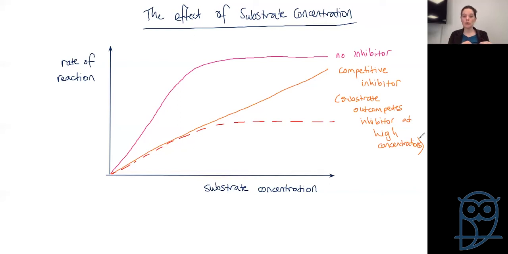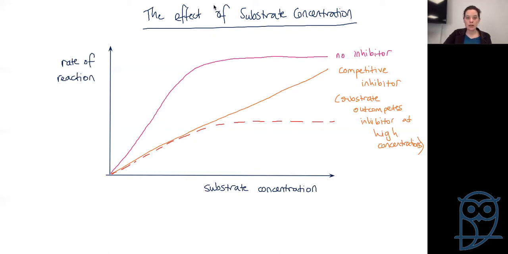So we'll get to a point where we have sort of 50-50 inhibitor and substrate, and then the substrate is going to start overtaking. And we just keep on going up until we potentially reach that full rate of reaction where we have so much substrate that the inhibitor is a negligible amount. So the probability of hitting a substrate is vastly outweighing the probability of hitting an inhibitor.